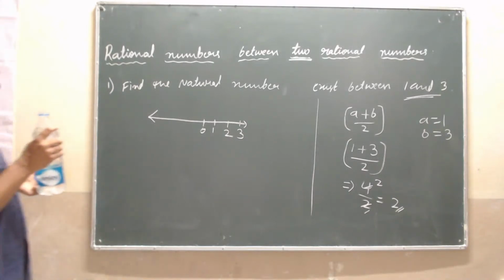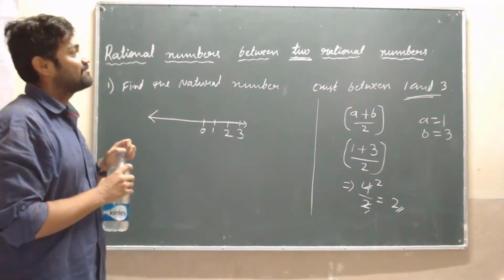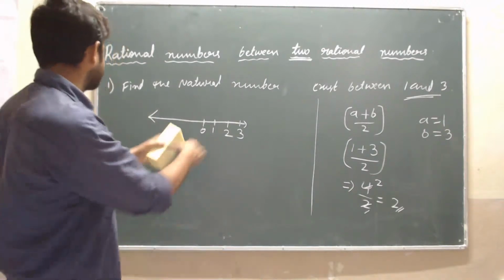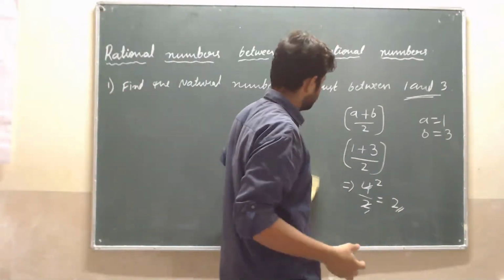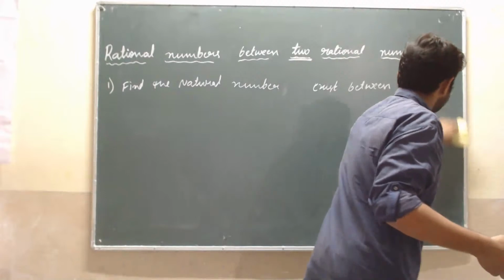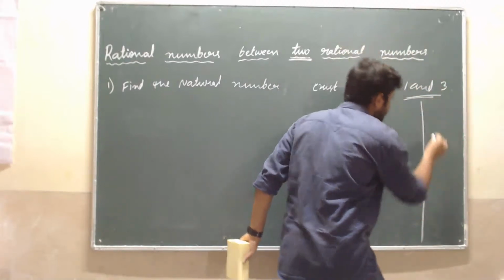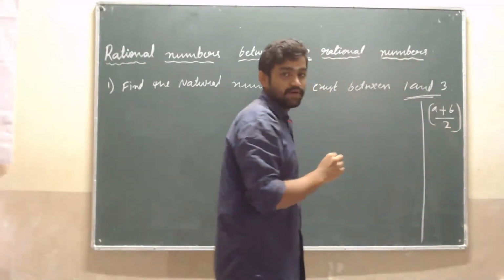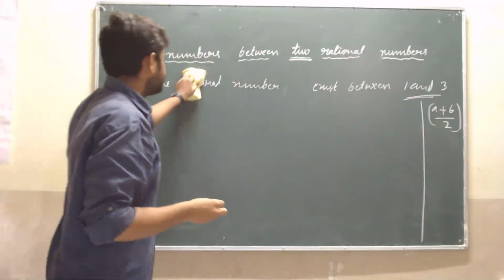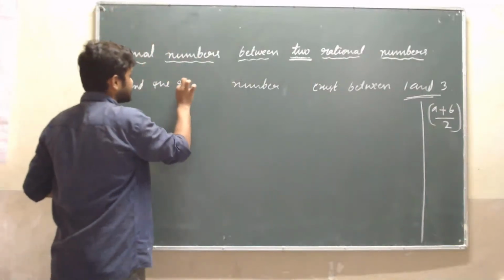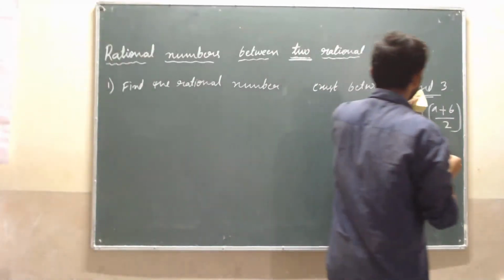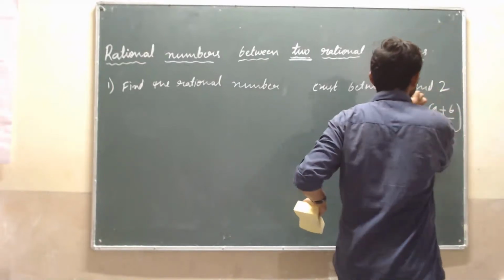Find the rational numbers between 1 and 2. I will write the formula of taking the mean, that is (a plus b) by 2.